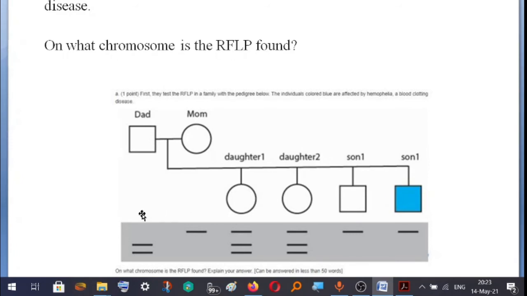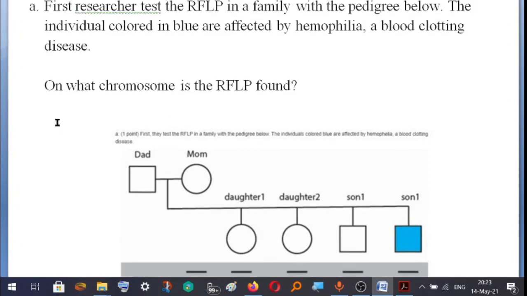So the researcher has analyzed the RFLP for each individual of the family, and they have pasted the result below the pedigree. So our question is, we have to find the location of RFLP. In other words, we have to find the location of SNP on the chromosome.